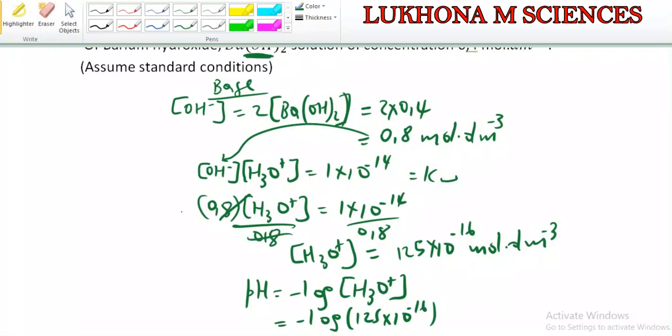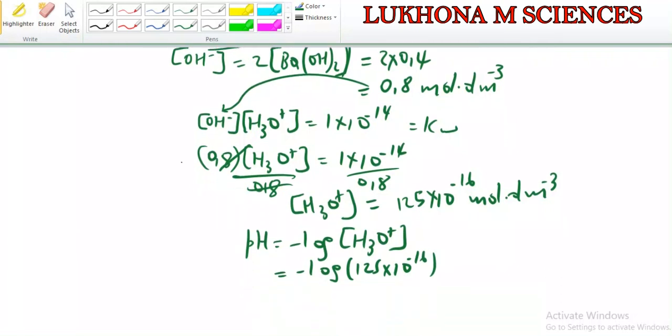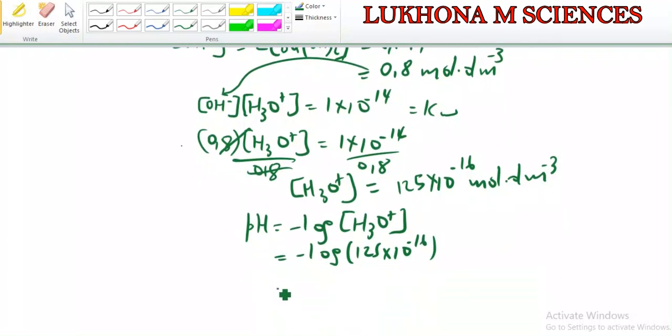Then we get the pH is 13.90. The pH is greater than 7. This is the base. Then we are done.